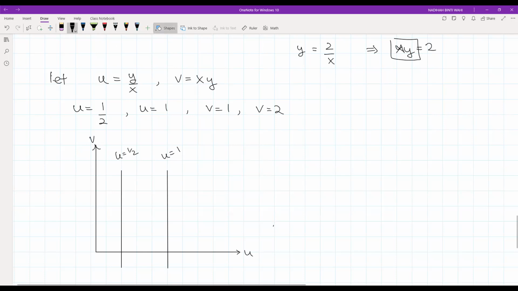Then v equals 1 is at the bottom part, and the last one is v equals 2.